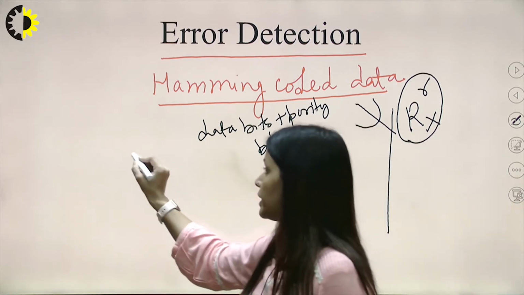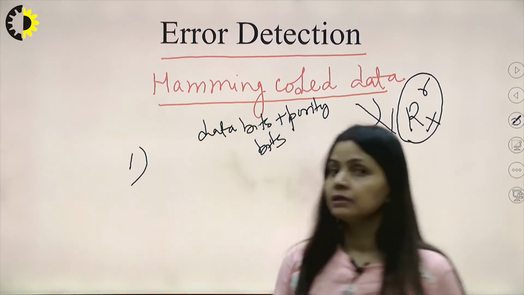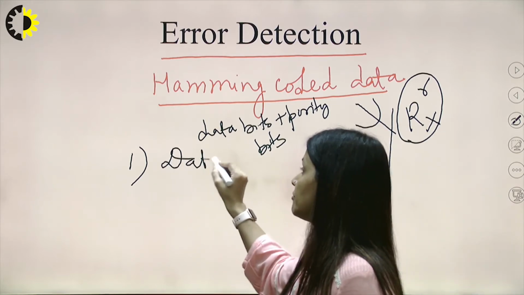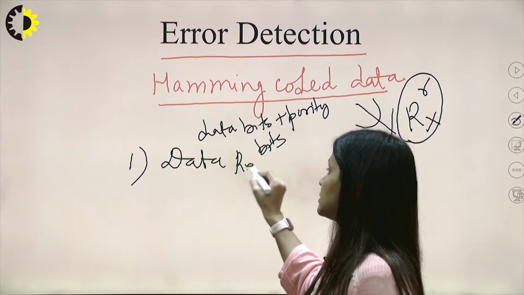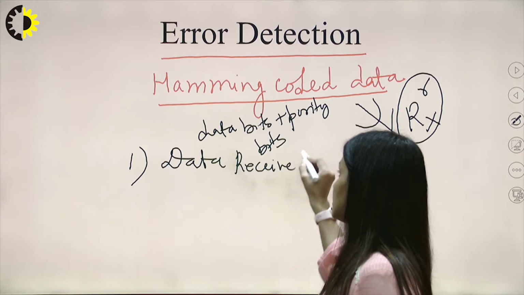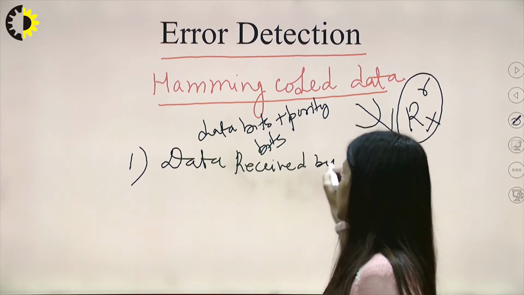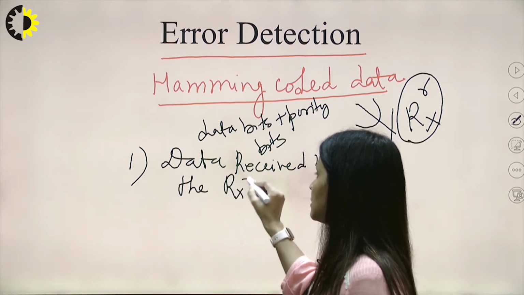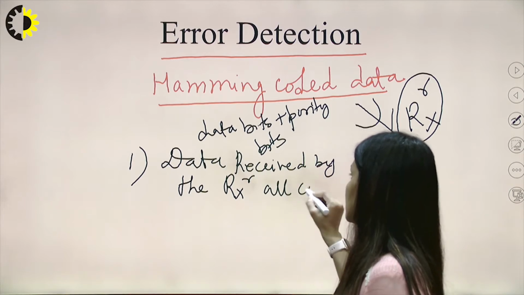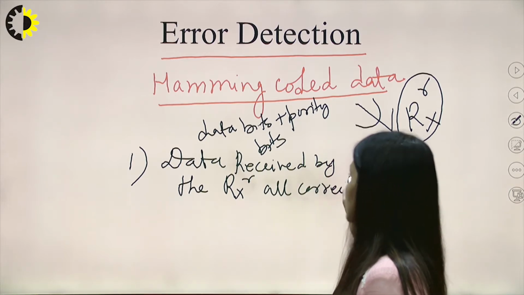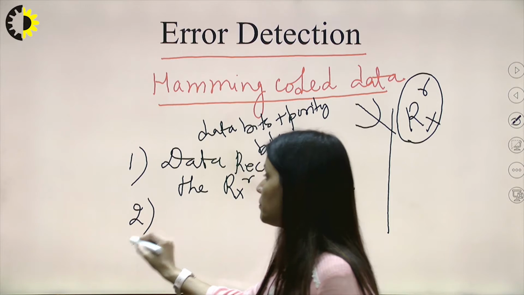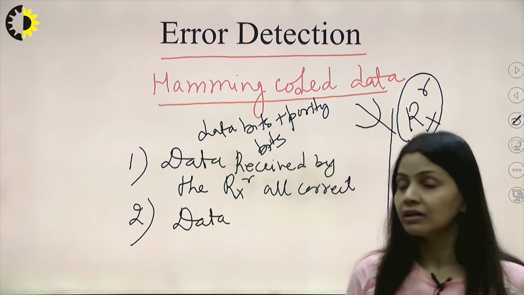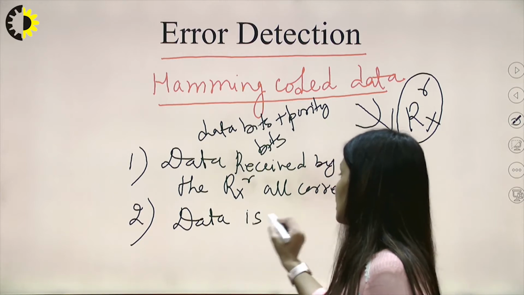First possibility, maybe the data received by the receiver is all correct, or maybe data received by the receiver is erroneous.